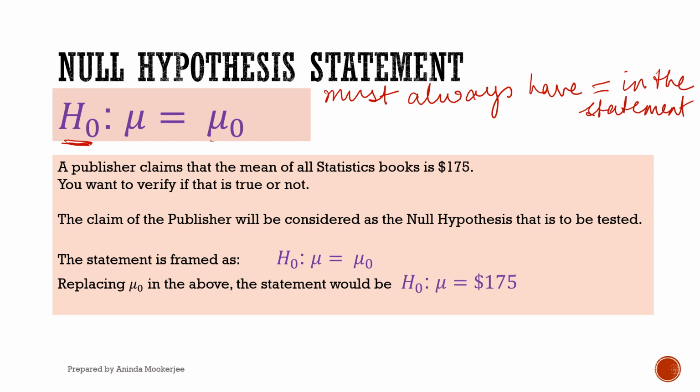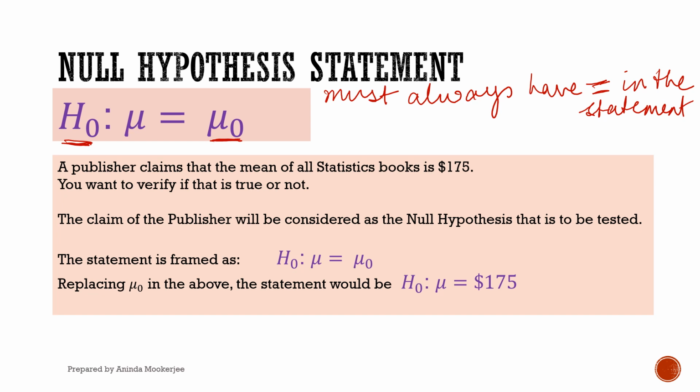And this mu sub 0 means the population mean that is already established, the population mean that goes with the null hypothesis, the established mean. All right, so just keep in mind there has to be an equal sign in the null hypothesis statement.